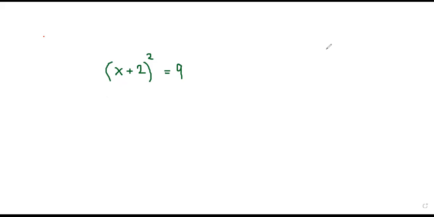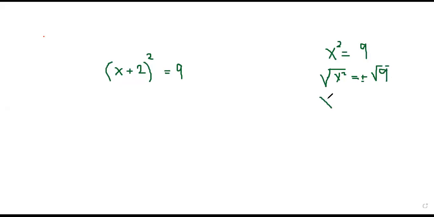Did you remember when we have x to the power of 2 equal 9? We said square root of x to the power of 2 equals square root of 9, and we said it should be positive or negative square root of 9.